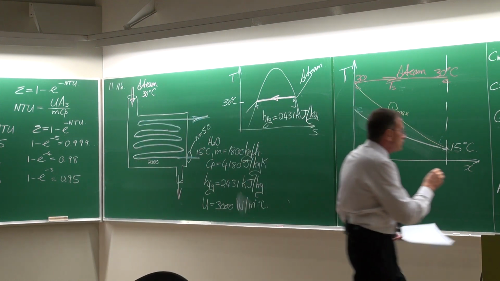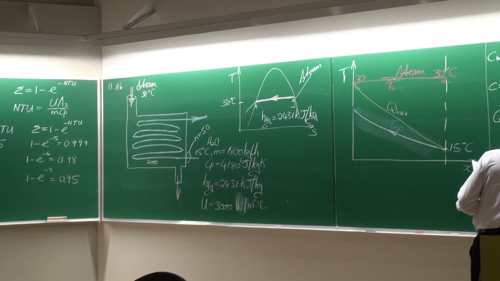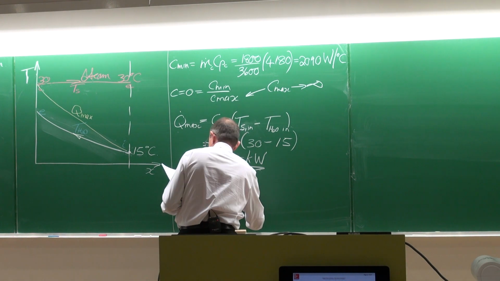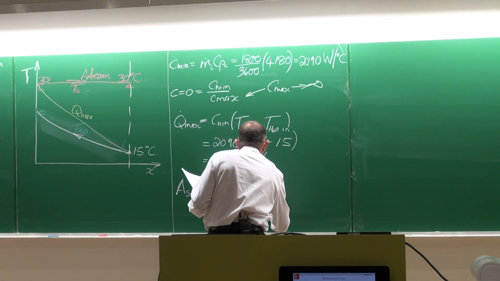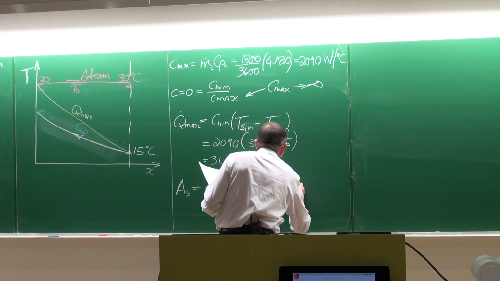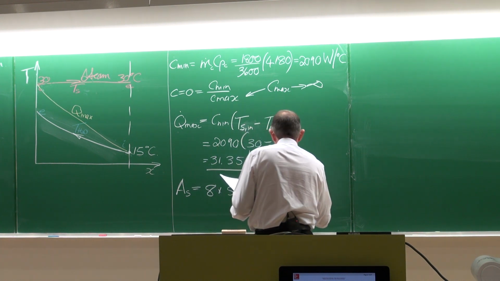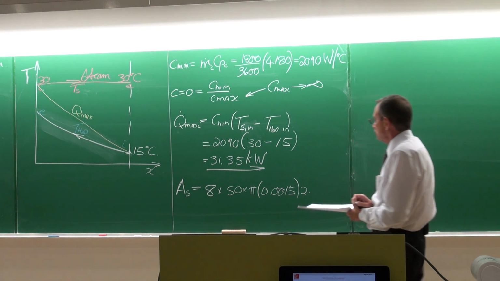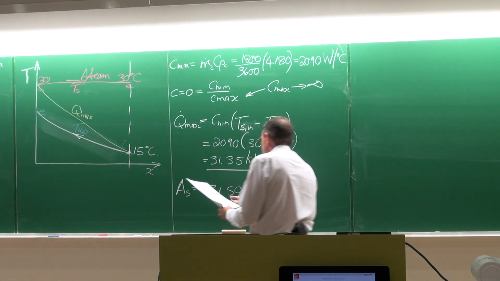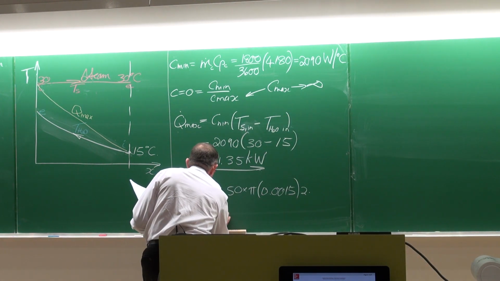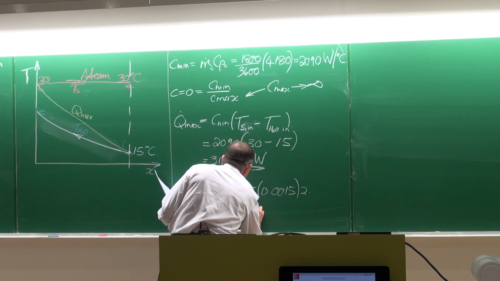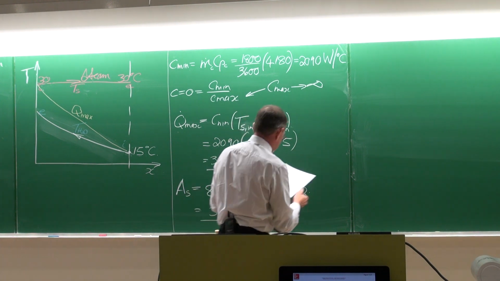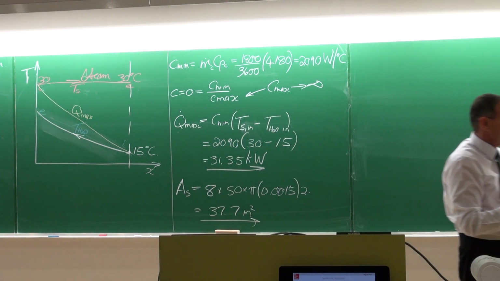So it is 8 tube passes multiplied by 50 tubes multiplied by the diameter, which is 15 millimeters, multiplied by the length, which is 2 meters, and the surface area of this heat exchanger is thus equal to 37.7 square meters.